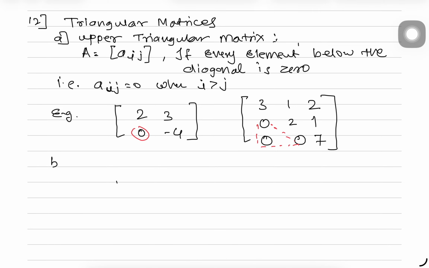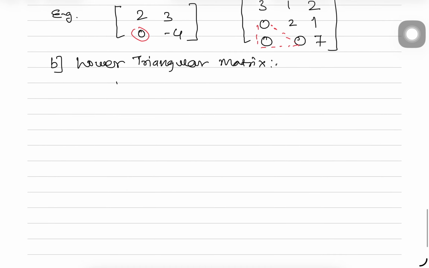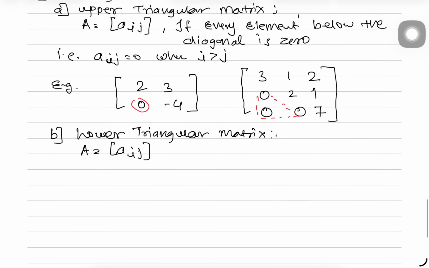Now the lower triangular matrix. A square matrix A equal to A of ij is called a lower triangular matrix if every element above the diagonal is 0.